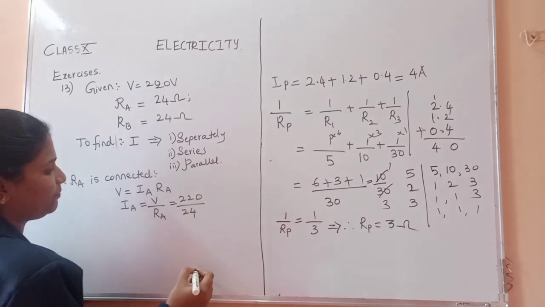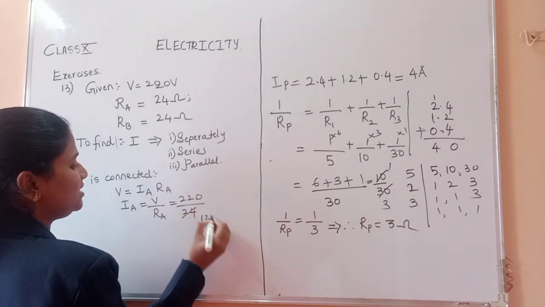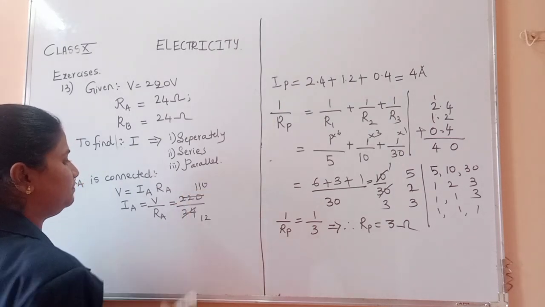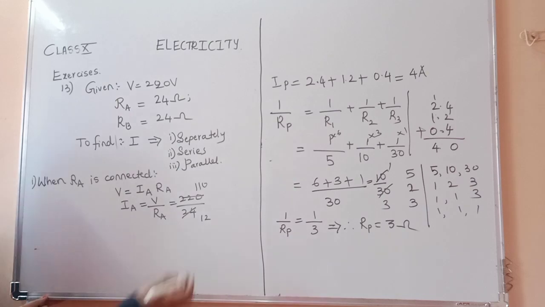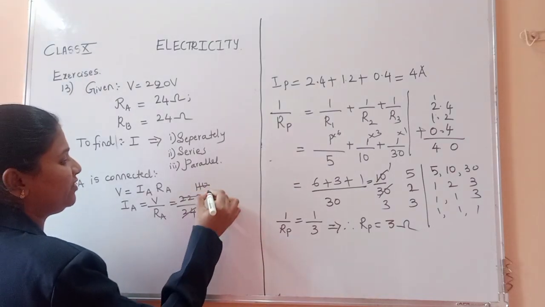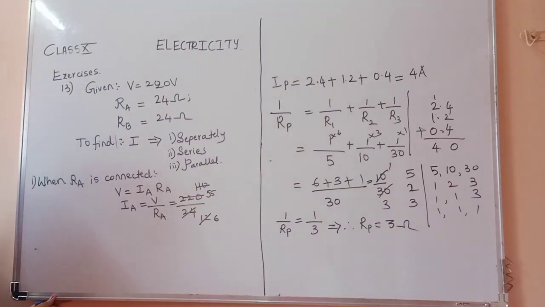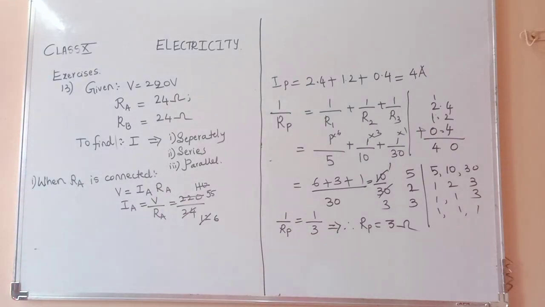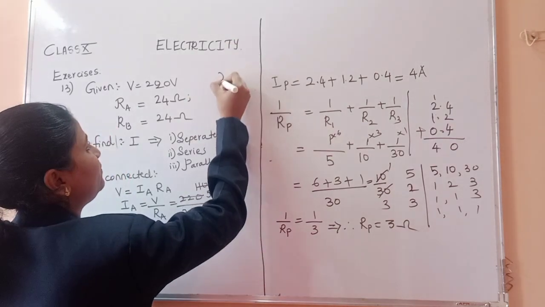So divide it. 2 12s are 24, 2 10s are 20. Okay, 2 6s are 12, 2 5s are 10. So overall you will get around 4.3. Overall when you divide, you will get around, just see, it is 55.